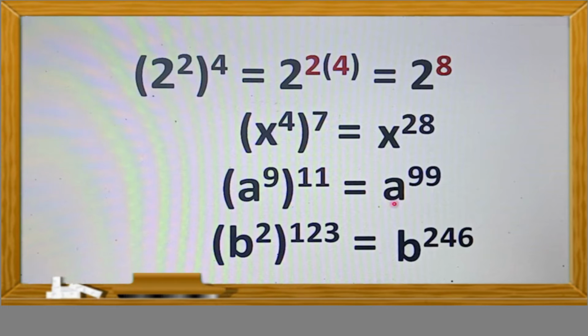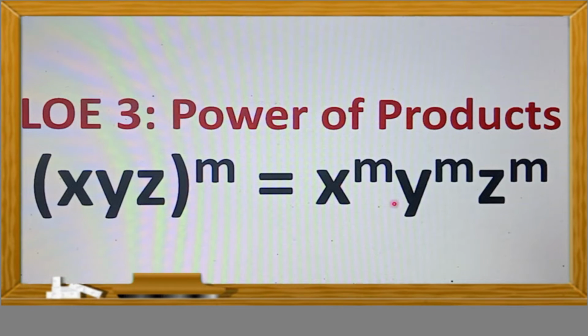So let's proceed to law of exponent number 3, the power of products. In the illustration, xyz raised to m is equal to x raised to m, y raised to m, z raised to m.